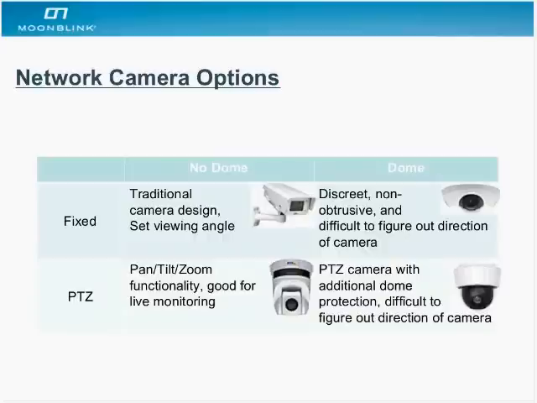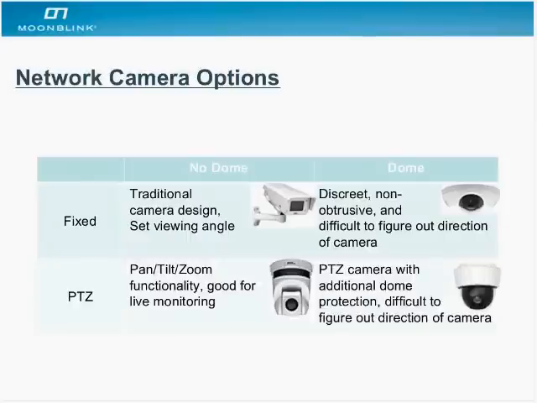So for network camera options, there's two types, essentially. There's fixed and PTZ. So the fixed type, that's a traditional camera design. They've been around for a long time. It has a set viewing angle, and typically they're pointed in an axis way. It's popular to have them in doorways or garage doors, loading docks, that type of place, a gate entrance, because there's no need to do any movement there.